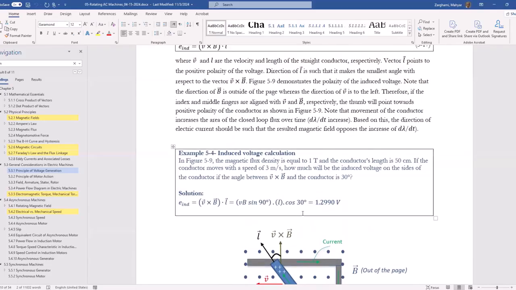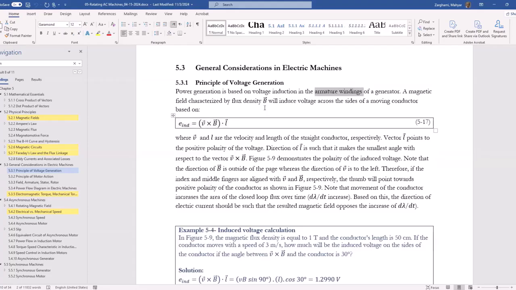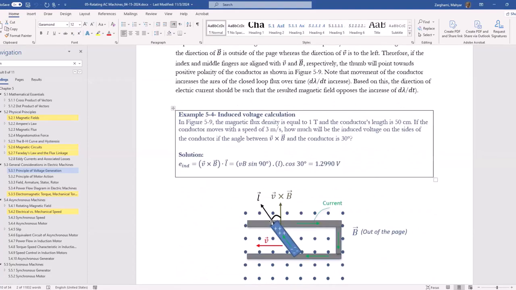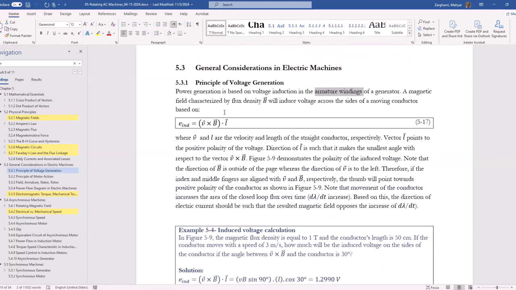So the rule by which a voltage would be induced on the sides of this conductor bar would be based off of this external product of V times B, which is going to be internally produced by the L vector. Let's see what these are.